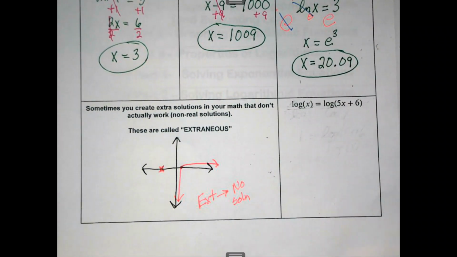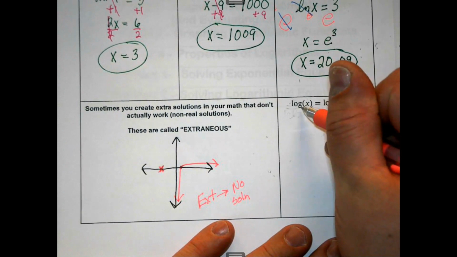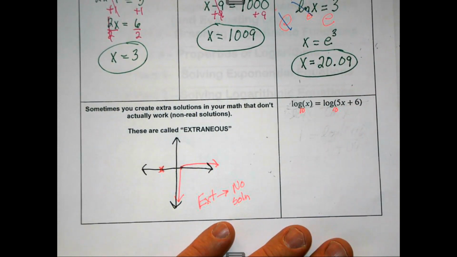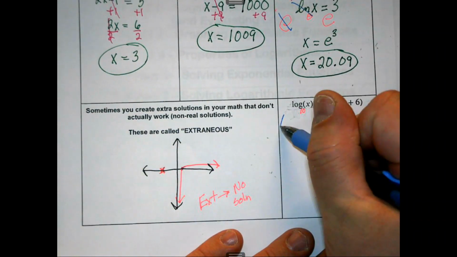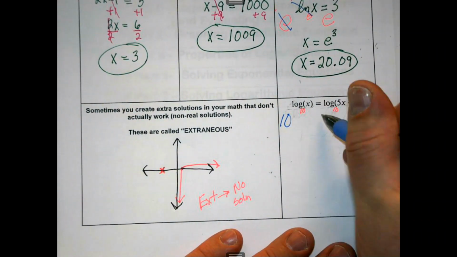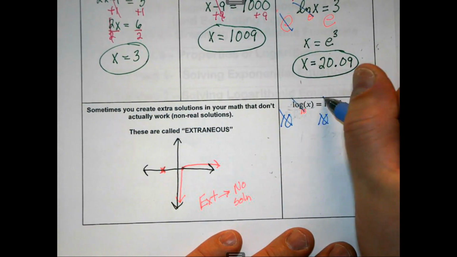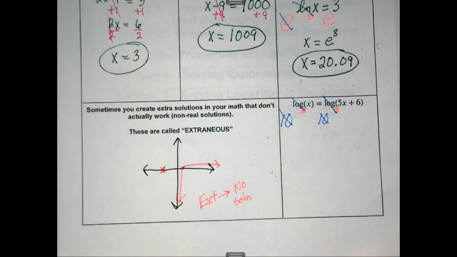I got to get rid of my log base 10. And the only way I know how to do that at this point is to exponentiate it. Remember, there's a base 10 there, right? So if I make it an exponent of 10, they cancel. Now I can break that x out.